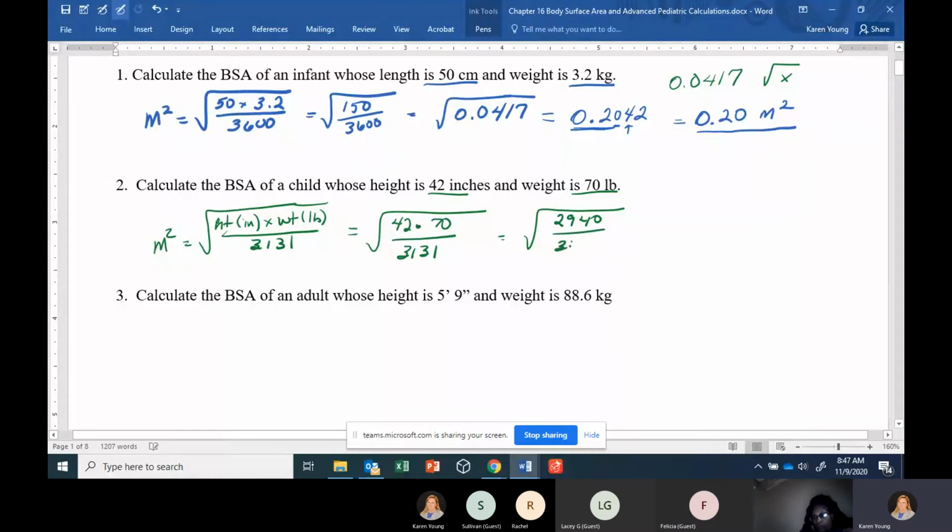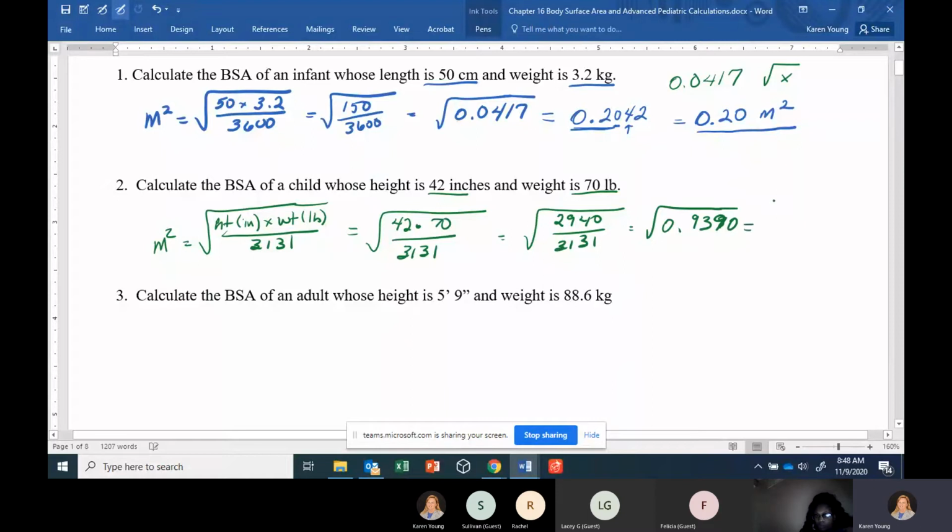Going to divide that by 3131. And I want to get 0 point, and again, I'm only rounding to 4 decimal places, 0.938997.